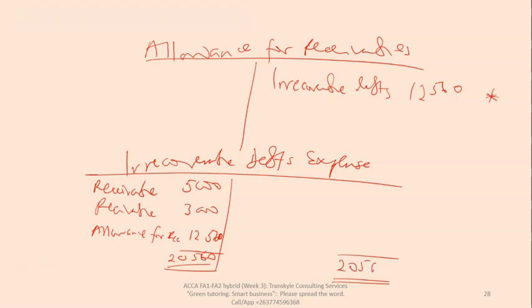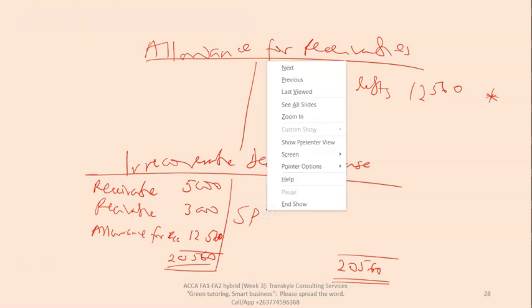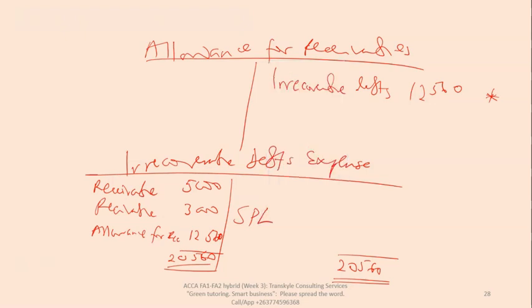Remember, all these have to be transferred to a certain account called the statement of profit or loss, the SPL, and everything goes there. So we have done our part there.